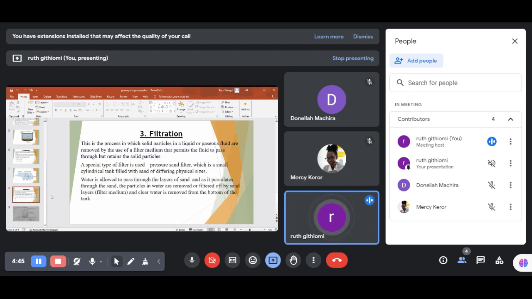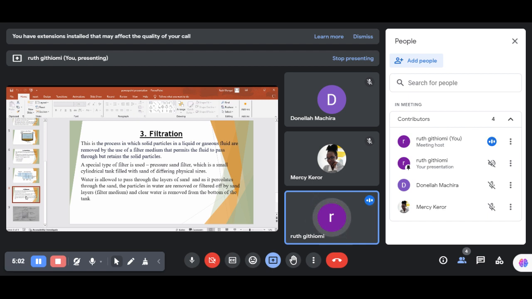We have the third process, which is called the filtration process. This is a process in which solid particles in a liquid or gaseous fluid are removed by the use of a filter medium that permits the fluid to pass through but retains the solid particles.